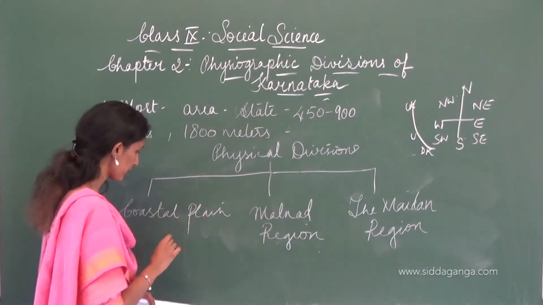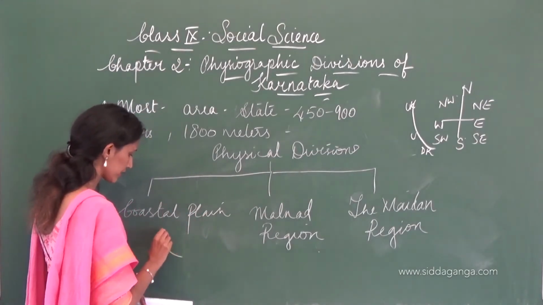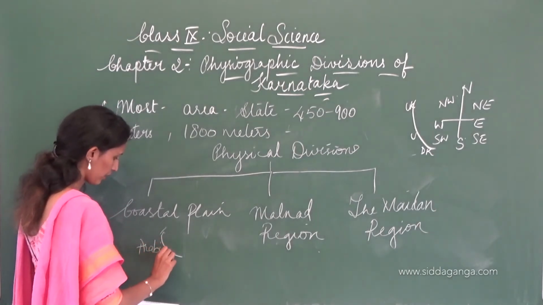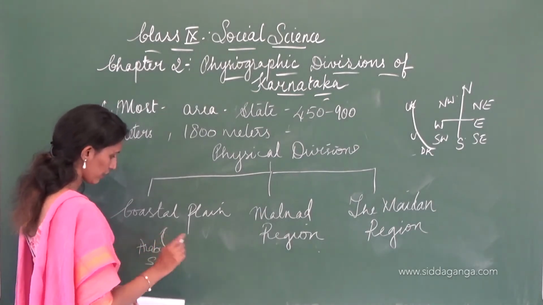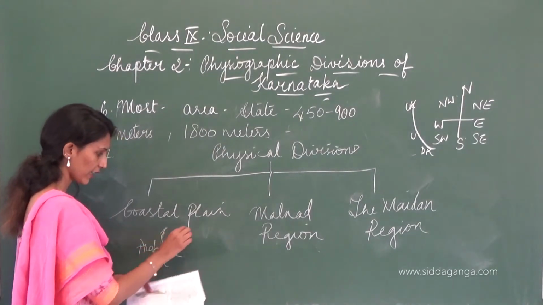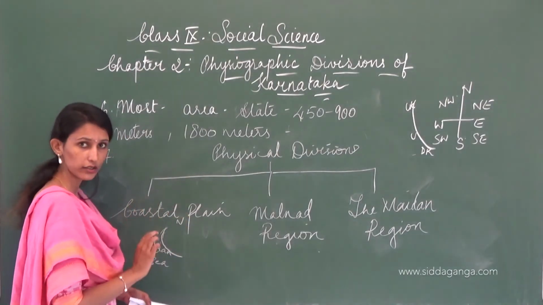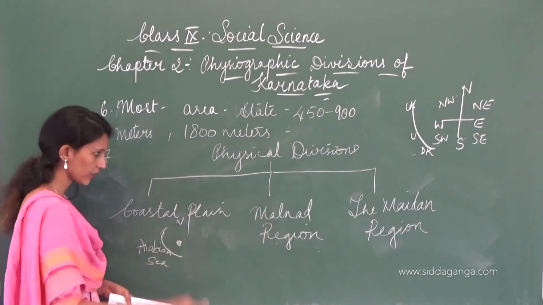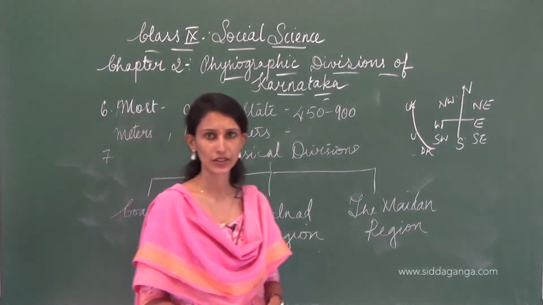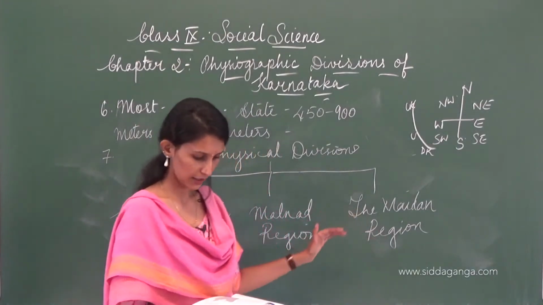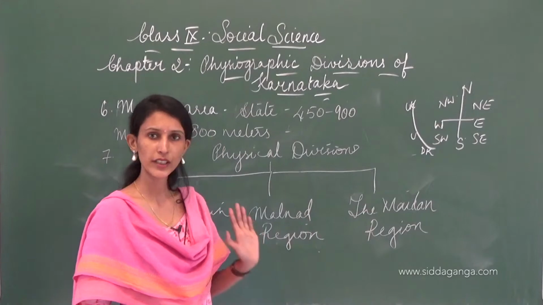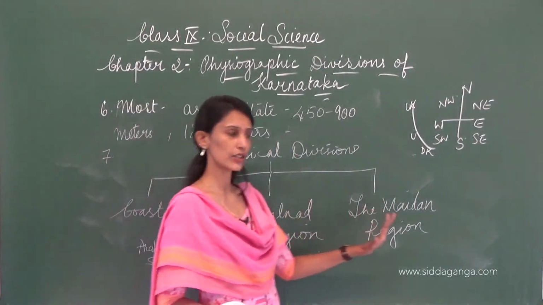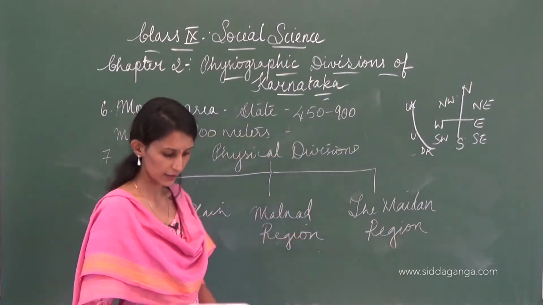I can't draw the map of Karnataka, so understand coastal is, this is the Arabian Sea that's there here, coastal plain, whereas in the north side is the Maidan region, and in between here is the Malnad region. I hope you can understand this much. Three physical divisions of Karnataka: the coastal plain, the Malnad region, and the Maidan region.